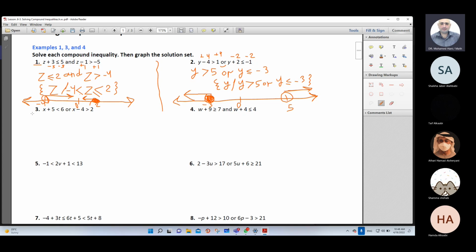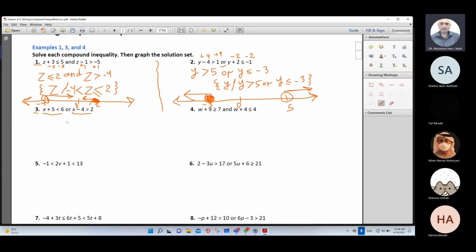Hello. In number 3, we have the same idea. We have a compound inequality, but here you have "or". So here the first inequality, and here the second inequality, and here you have "or".